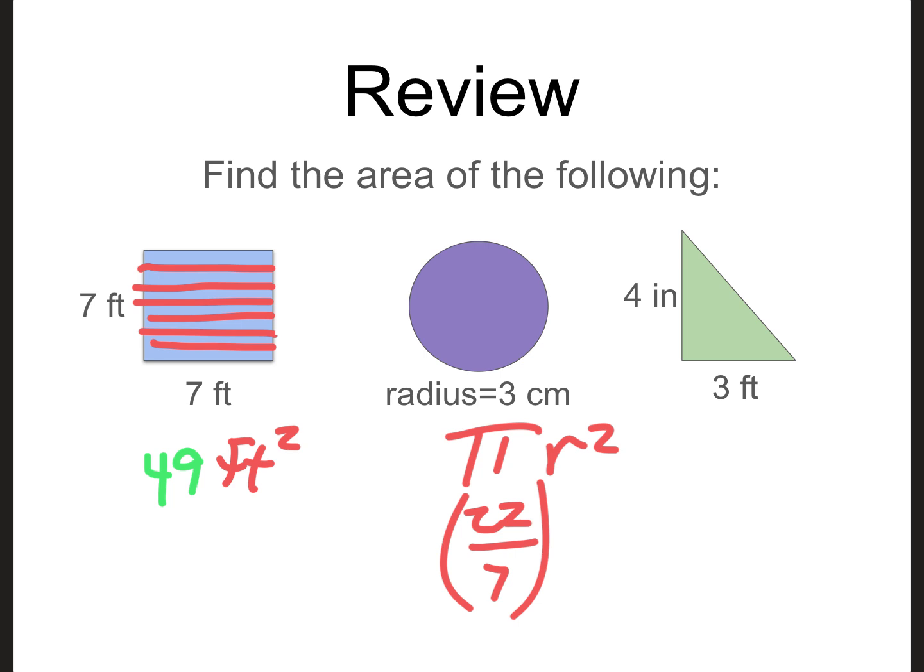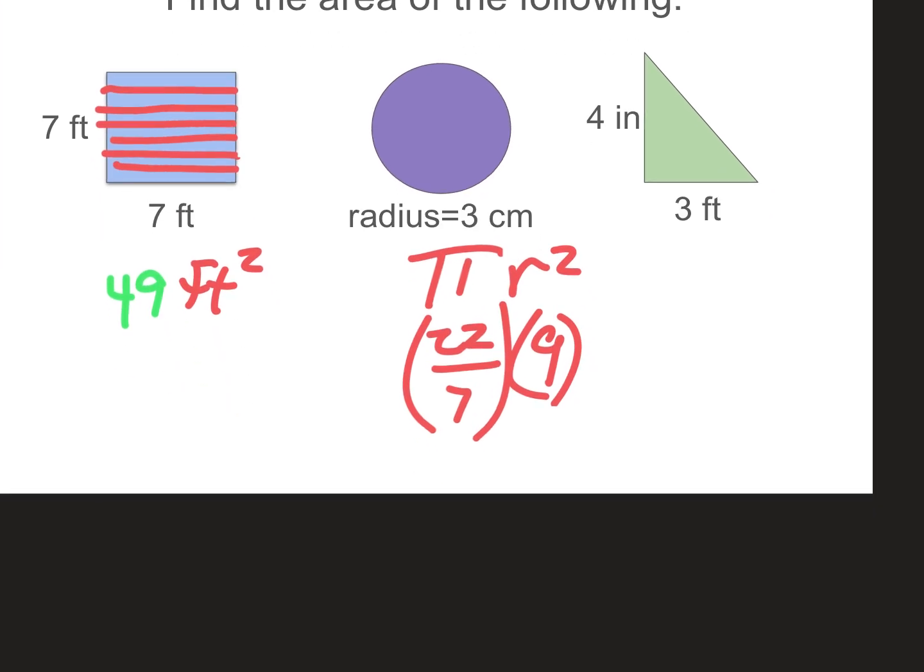But now we know it's not. It's just really close to that. And then r squared, well, r is 3, so 3 squared is 9. So it'd be 9 times 22/7. Or 9 times, if you use the pi button, it's probably fastest to get a calculator, right? All right, so then, Sid, what'd you actually get when you typed that in?